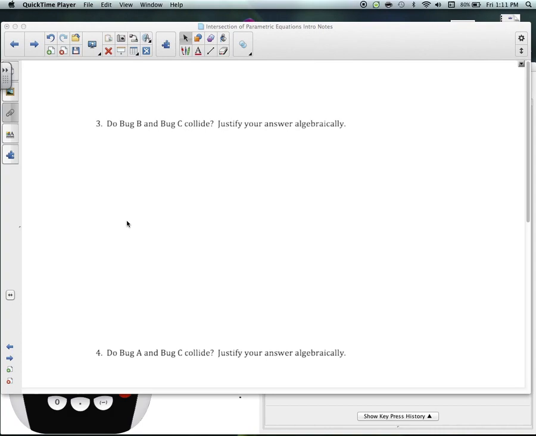All right, so we're going to check out the other two sets of bugs, B and C, and then A and C, to see if either of those sets collide.